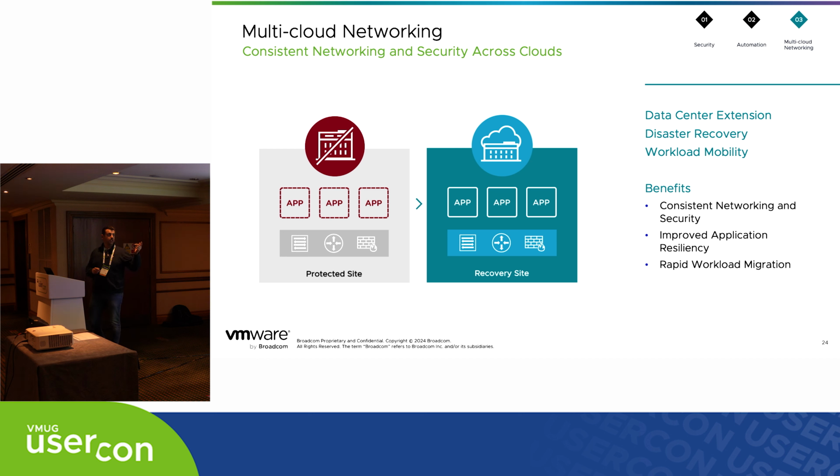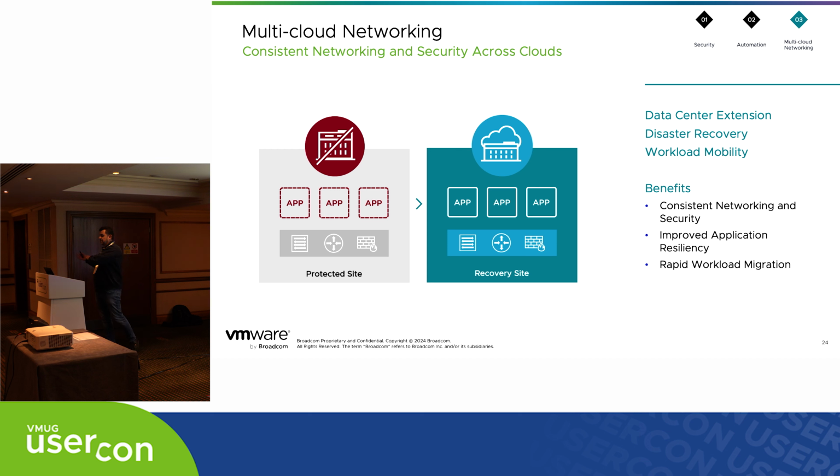And then key to any of that is workload mobility, the ability to retain the IP address of the virtual machine. So rather than having to, if you've lost your primary site, bring up the secondary site and re-IP your applications and VMs to get back up and running, if we can retain the IP address and do the dynamic routing piece as well, where we're routing at both sides but preferring a particular site, we can just swing that across and the dynamic routing takes over.